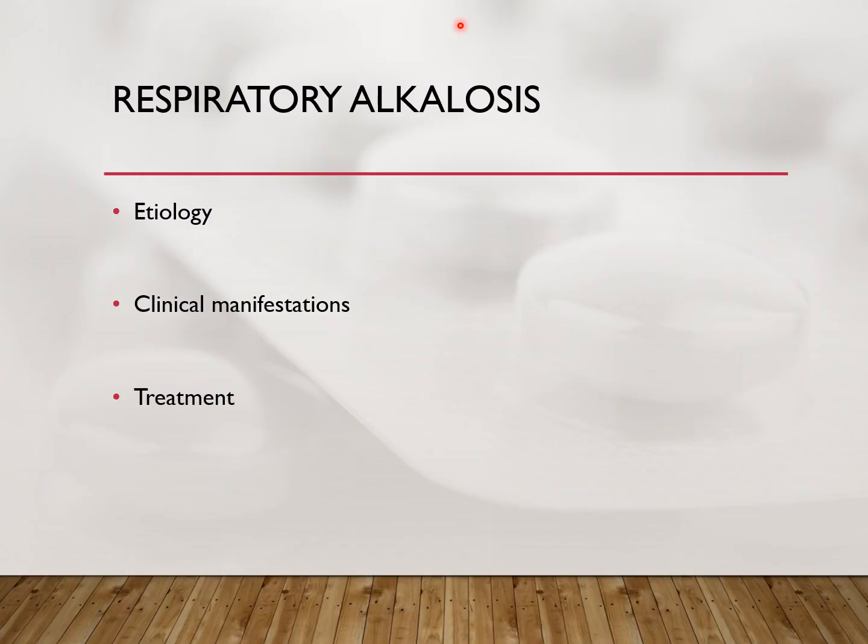It's usually caused by excessive ventilation. So this is a patient who maybe is having an anxiety or panic attack, and they're breathing really, really fast, and they're blowing off all this PCO2, and it's causing this respiratory alkalosis. It can also happen in patients who are being mechanically ventilated if we have ventilatory settings that are inappropriate and causing someone to breathe too fast. And it can also happen with the respiratory rate increases that we see in patients with metabolic acidosis.